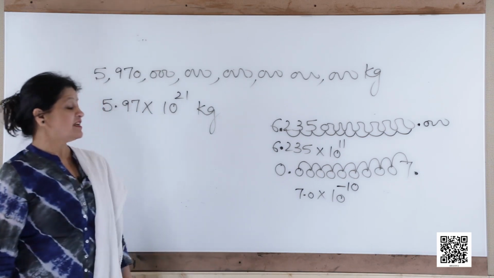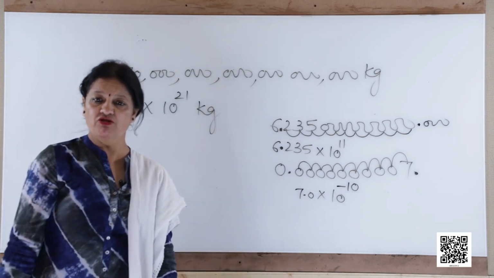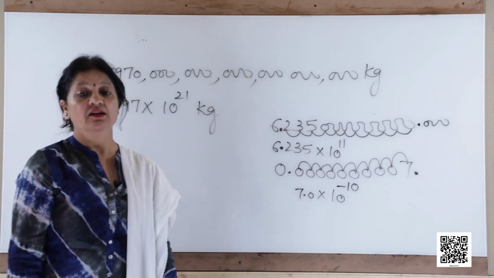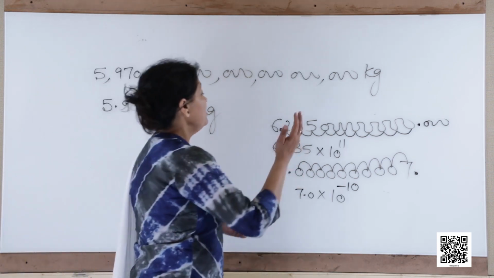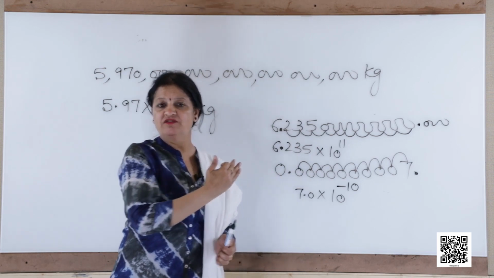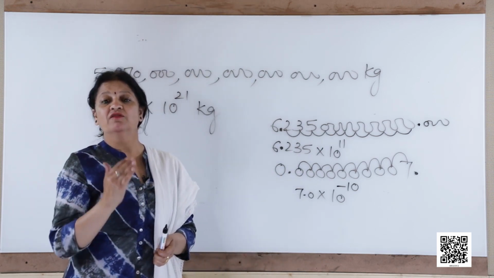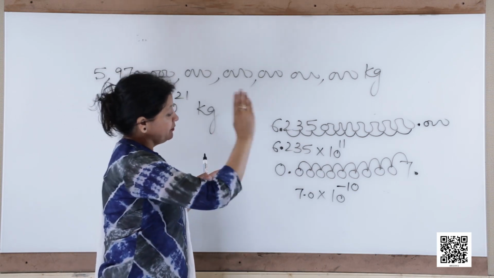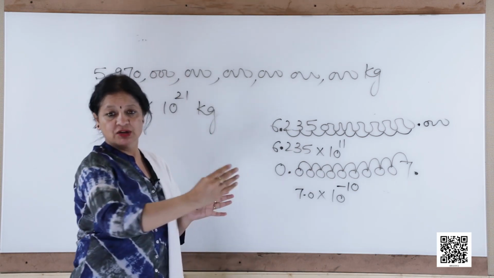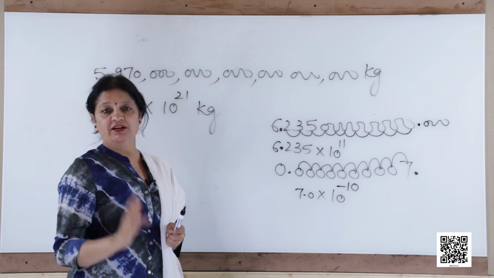So the answer is 7.0 into 10 raised to the power minus 10. This is the easier way. If you shift the decimal from right to left, your power will be positive; if you shift from left to right, the power will be negative.